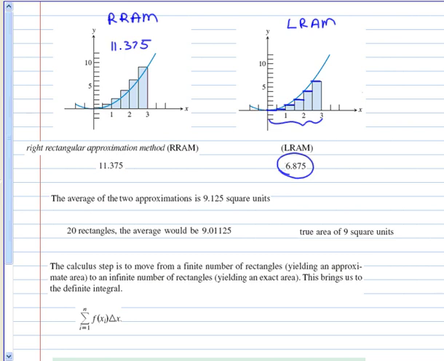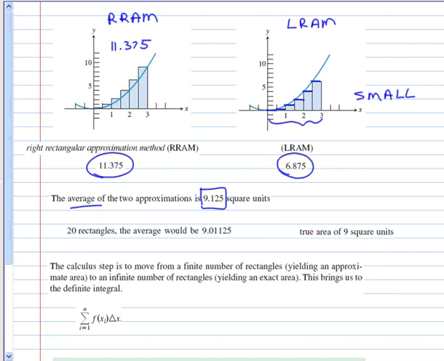Well, this value is just a little bit too small, but our first value is a little bit too large. So what if we took the average of those two values? If we took our 11.375 and our 6.875 and found the average of those two values, we'd get 9.125. So what about that? Well, that's probably closer. It's probably pretty close to the real area.